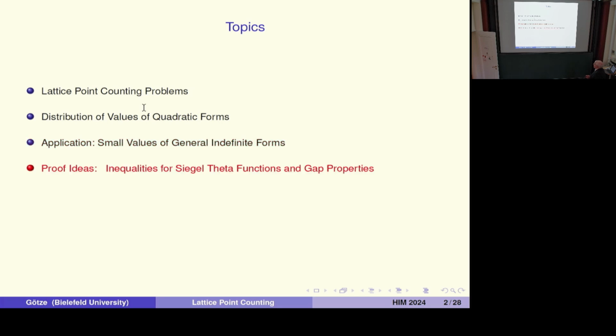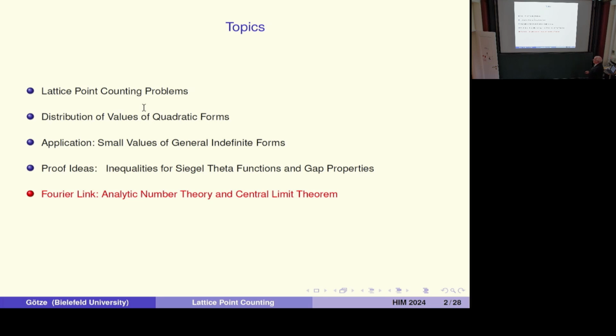And then I will sketch some of the proof ideas, that is some inequalities for so-called multivariate zeta functions, and some phenomenon which is used not only in number theory, but also in classical works in probability theory, and that is the so-called gap properties for Fourier inversions.